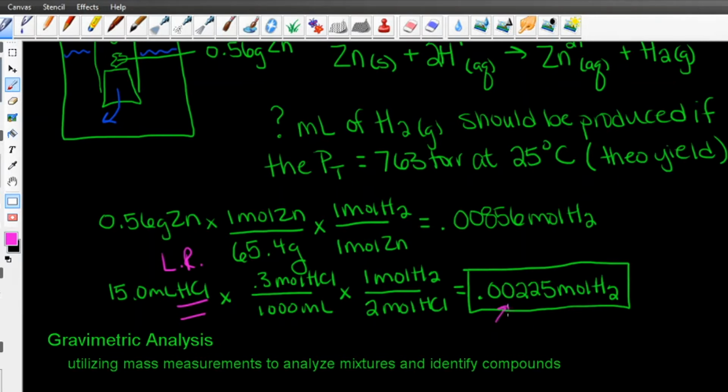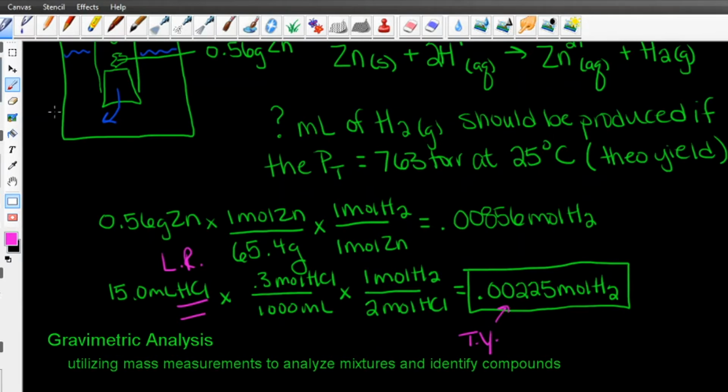Now, this is my theoretical yield of hydrogen gas, but that's in moles, and my question is asking for my theoretical yield in milliliters. I need to use PV equals nRT to figure out the volume since I'm not at standard temperature and pressure. Here's the other tricky thing: we collected this gas over water.